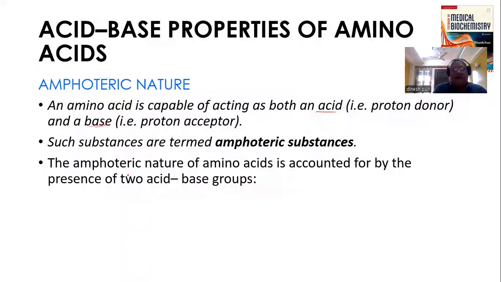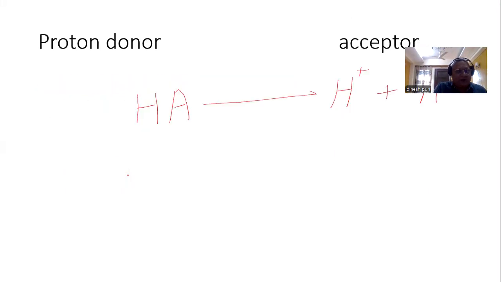What do we mean by acid and what do we mean by base? In organic chemistry there were other definitions, but in biochemistry we say that an acid is a proton donor, which donates a proton. For example, HA is a proton donor. It is donating a proton, so this is called an acid. And what is a base? A base is a proton acceptor.